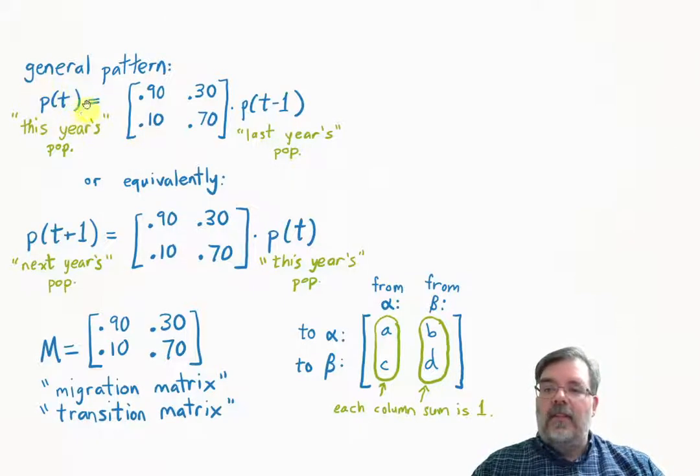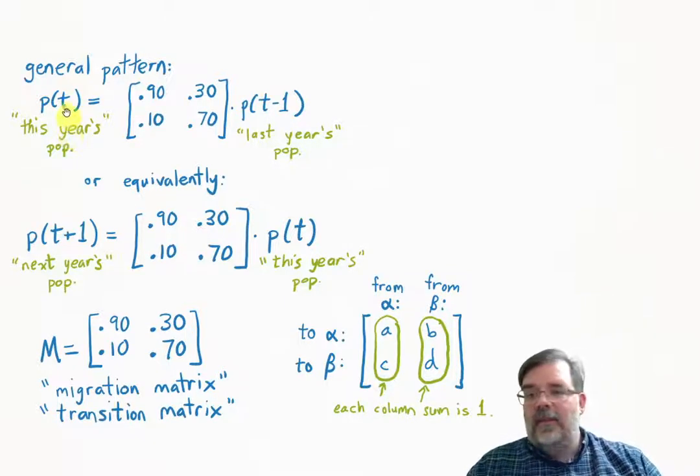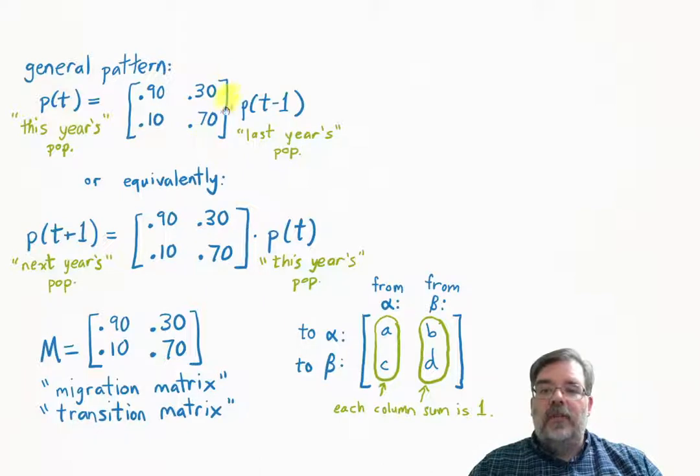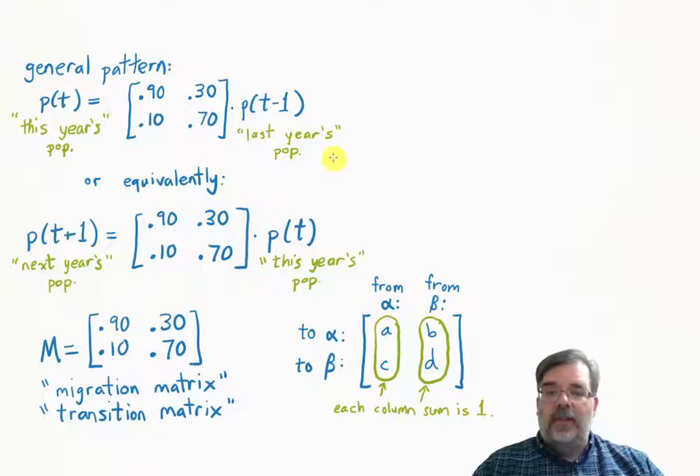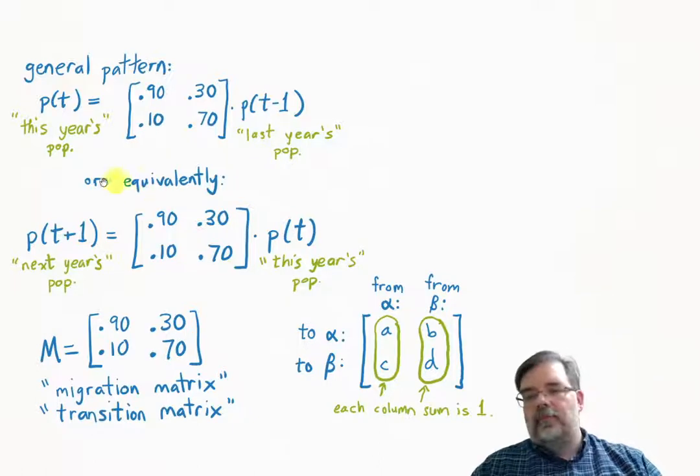To calculate this year's population, again assuming t is measured in years, p of t would be equal to this matrix times the vector p of t minus 1, which you can think of as last year's population. So this year's population can be calculated by using these percentages and multiplying them by last year's population in the style of a matrix vector product.